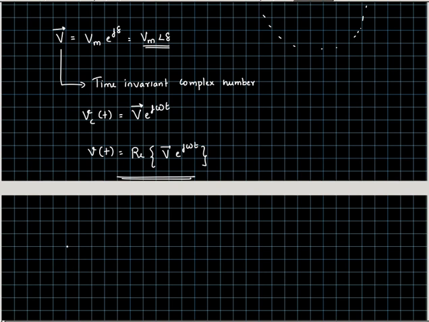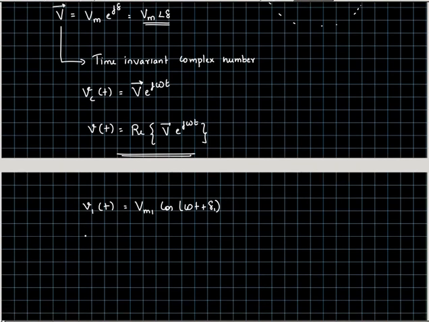So, suppose that I have two sinusoidal quantities which I would represent as V1(t) = Vm1 cos(omega t plus delta 1), and V2(t) is another voltage input having some amplitude Vm2 and some phase delta 2.